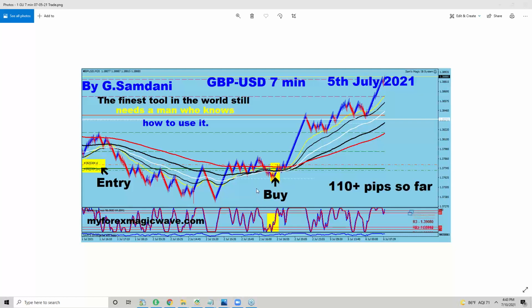Then the 3rd and 4th was the weekend, and the 5th, Monday, comes. And actually, if you can see the date here, the 6th. So I held it nice and clean all the way until Tuesday, and then closed it. That's how it is, 110 pip.